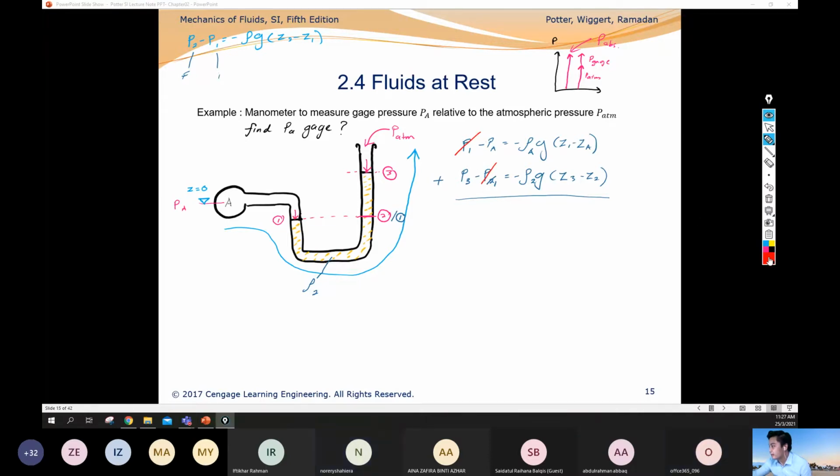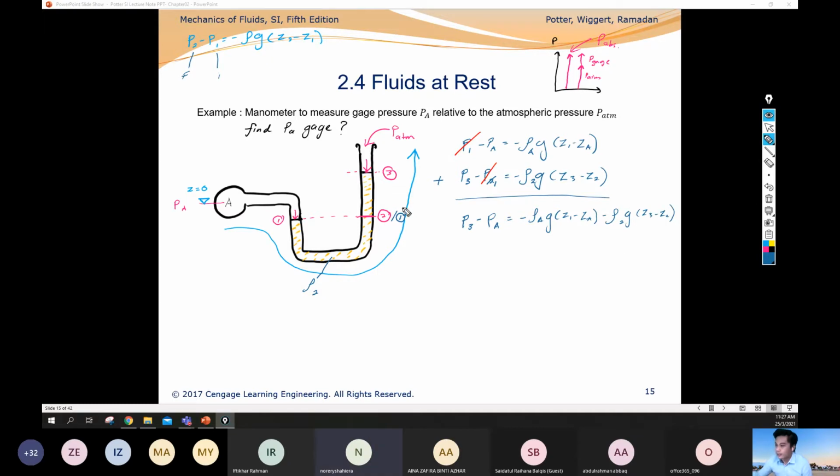So what we are left with here is actually P3 minus PA equal to negative rho A G, Z1 minus ZA, okay, negative rho 2 G, Z3 minus Z2.